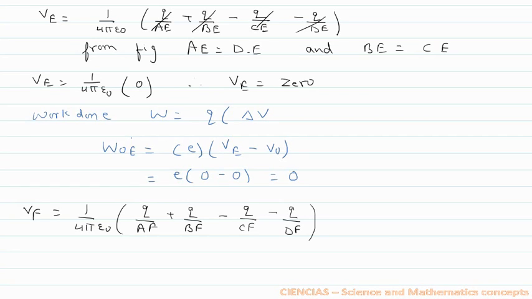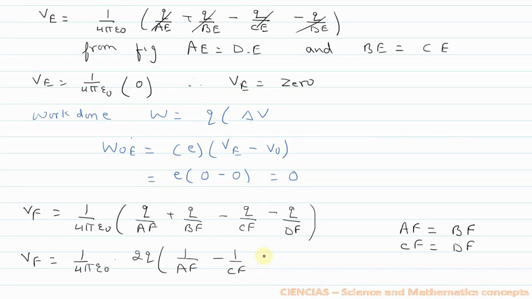Now in this part, from the figure again we can see that AF is equal to BF and CF is equal to DF. So we can write potential at F is equal to 1 upon 4 pi epsilon 0 times 2q (1 upon AF minus 1 upon CF).